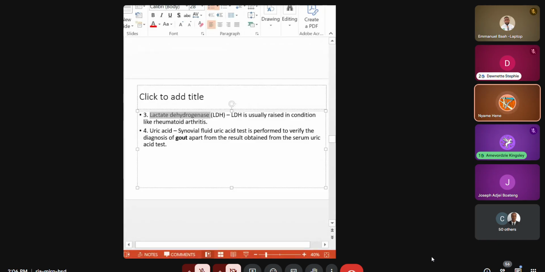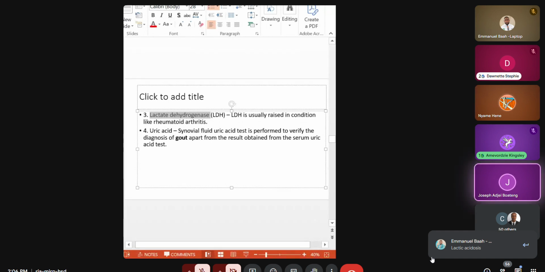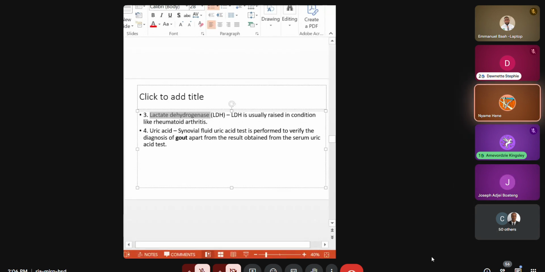So there is a state of hypoxia. When the person is running, there's a shortage in oxygen. So because of the shortage in oxygen, there is a chemical reaction taking place. It gets to a point where, because there is no oxygen, there is no conversion of what? Pyruvate into what? To enter the Krebs cycle. So the pyruvate is converted to lactic.